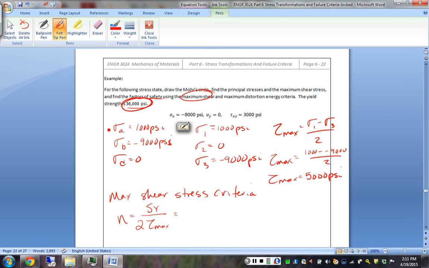Our tensile yield strength, S sub Y, is 36,000. We just figured out that our max shear is 5,000, so 2 times 5,000. That ends up being 36,000 divided by 10,000, or 3.6.